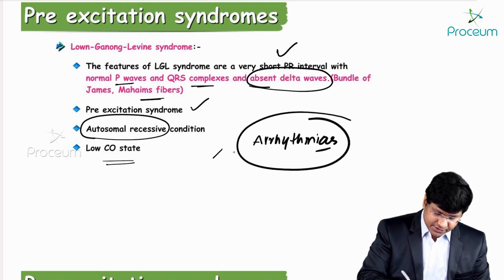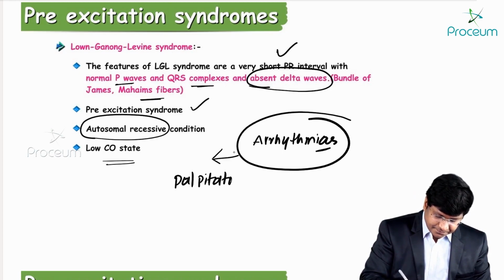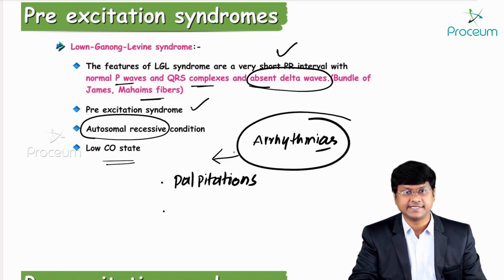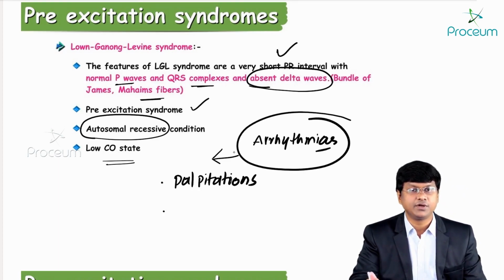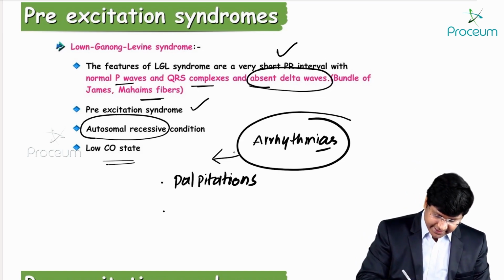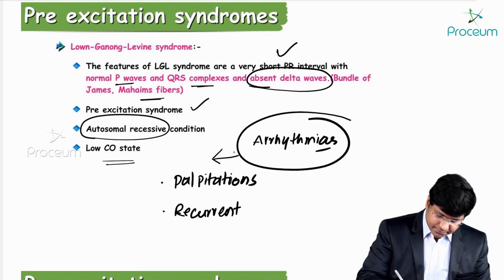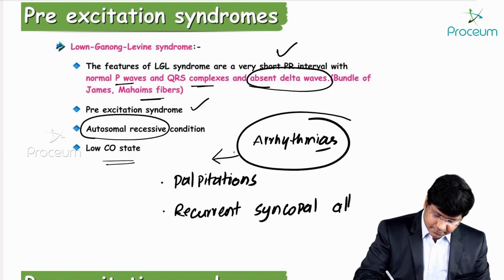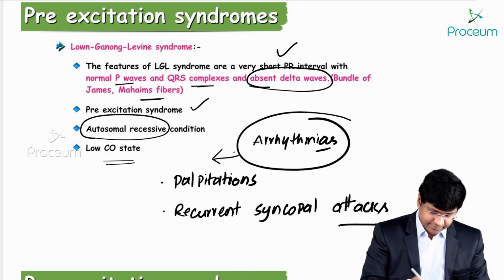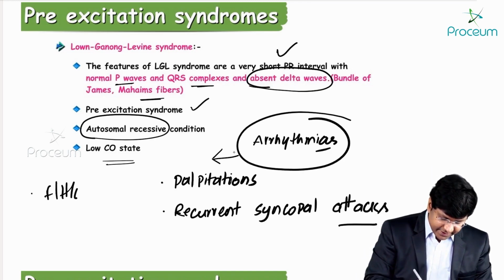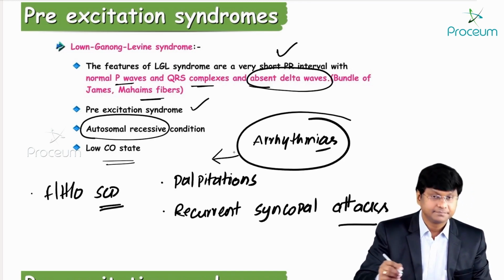The clinical manifestations will be in the form of palpitations or dizziness. And in these individuals, they will also have recurrent syncopal attacks. And they also have the family history of sudden cardiac death.